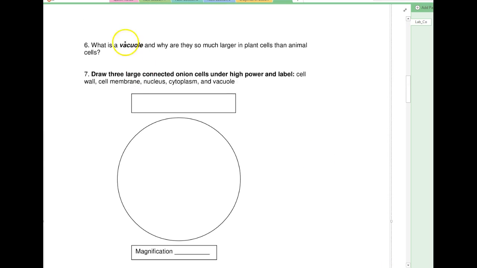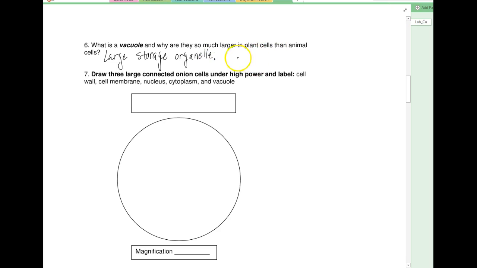So, what is a vacuole? Why are they so much larger in plant cells? A vacuole is a large storage organelle.